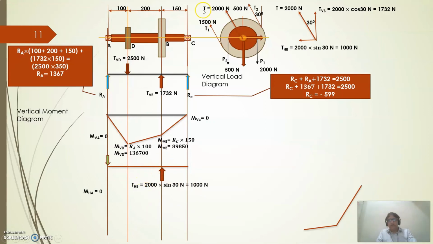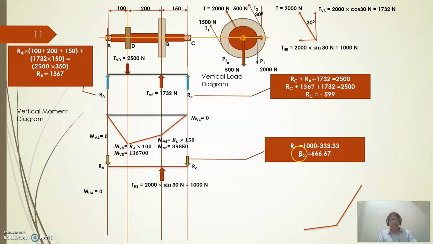Now you can find the reactions. I will take both the reactions acting in the downward direction, so this is what I have assumed, RA and RB. Similarly, RA and RC you can find out. Taking the moment about A, you get RC into this distance.